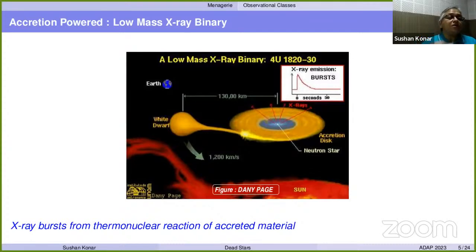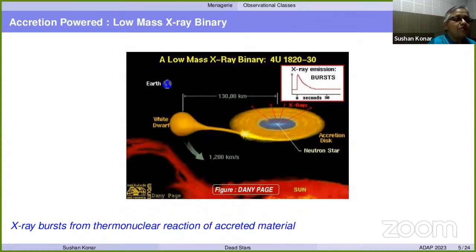So now the question to ask is, why do we have neutron stars with low magnetic field in low mass X-ray binaries and relatively higher magnetic field in high mass X-ray binaries? This has to do with the nature of these two binaries and also the generation of the millisecond pulsars. So the basic difference between high mass X-ray binary and low mass X-ray binaries, as I have said, is the companion stars.